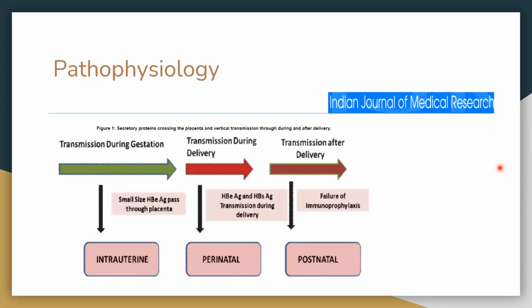And according to studies, vertical transmission may happen in 3 distinct periods: during gestation, during delivery, or after delivery. And it most commonly happens during delivery, wherein the neonate is exposed to the bodily secretions of the infected mother.